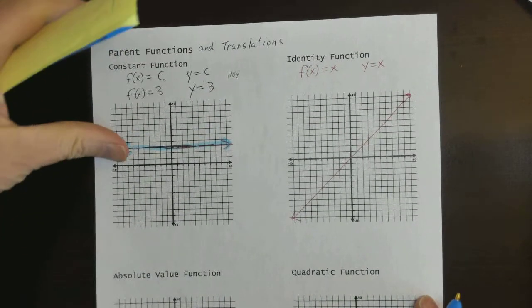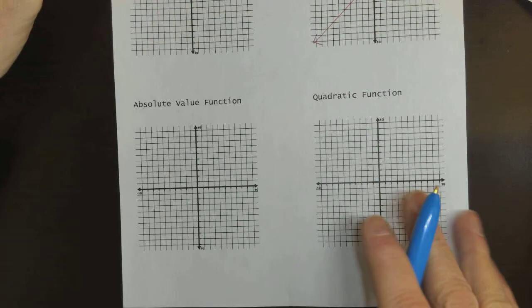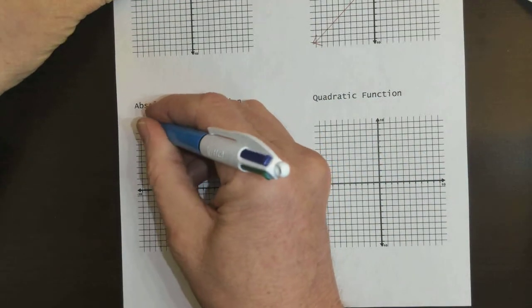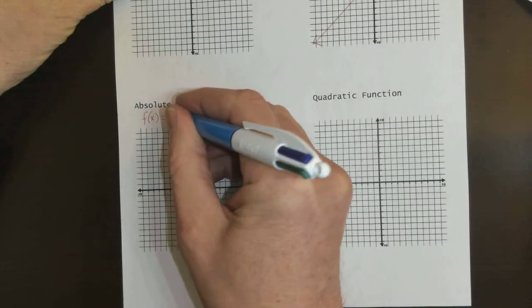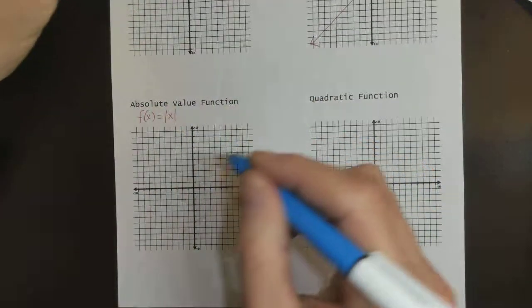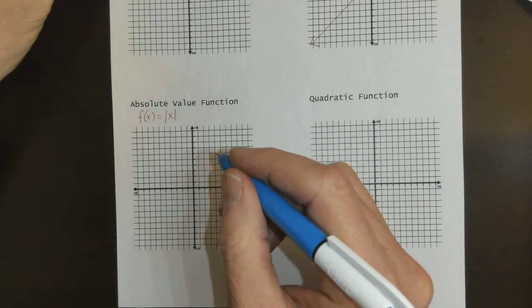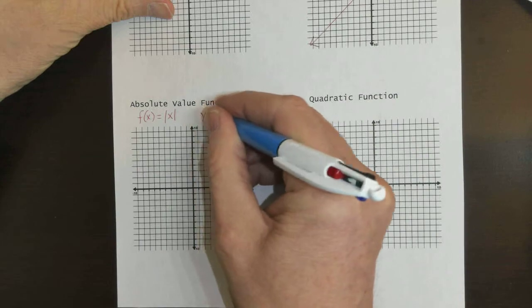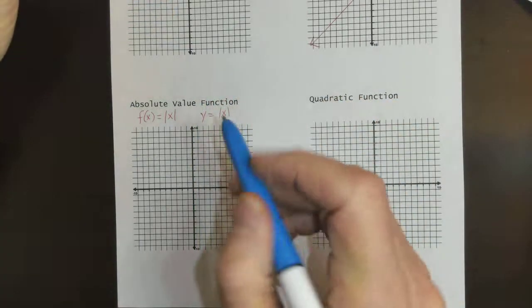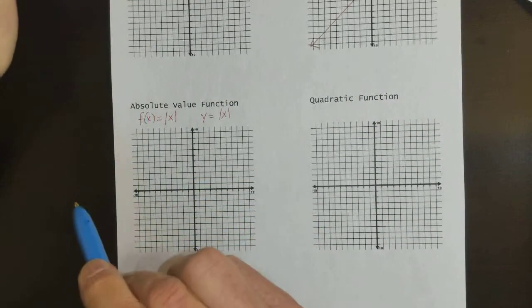Now the absolute value function is another one of our parent functions, and this is f of x equals the absolute value of x, or y equals the absolute value of x, either way. This is the function notation.